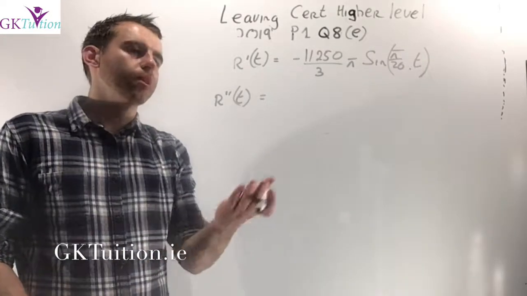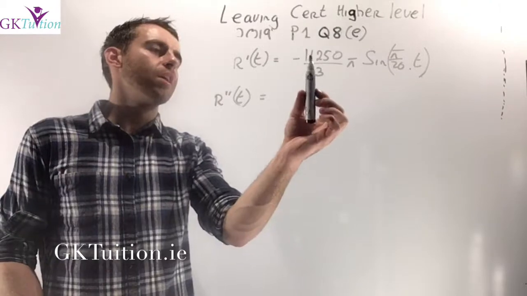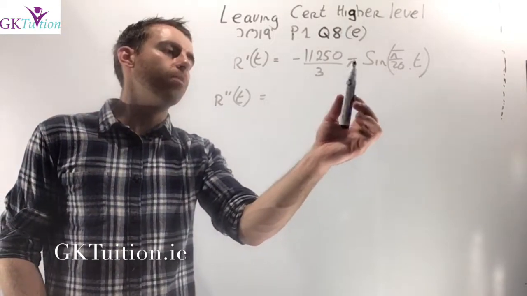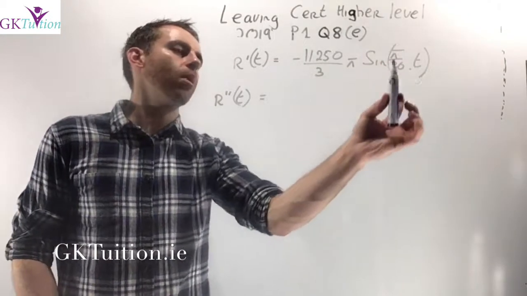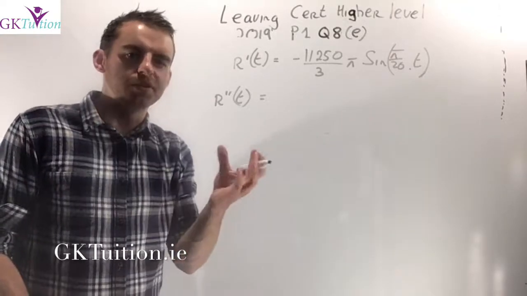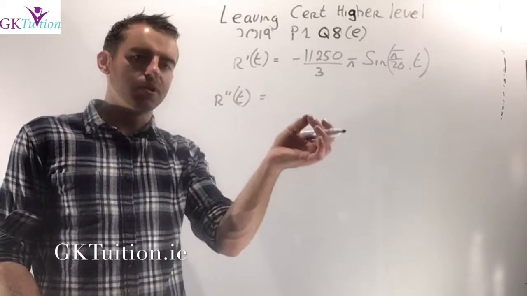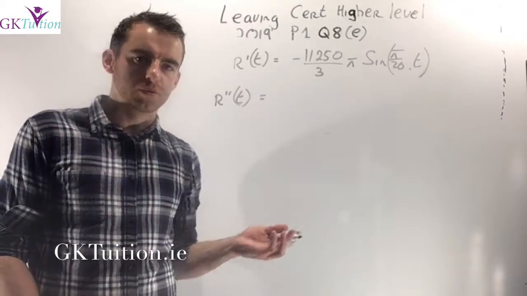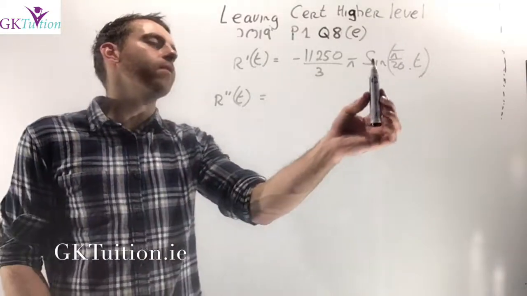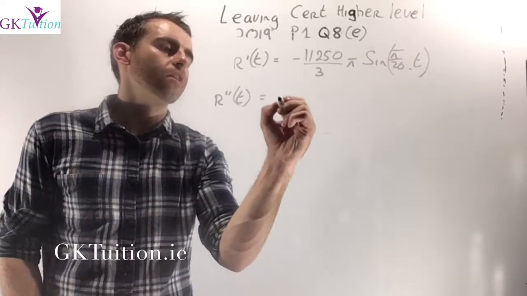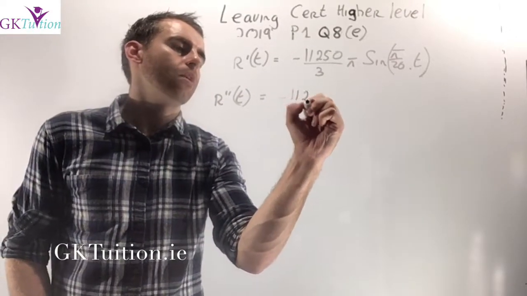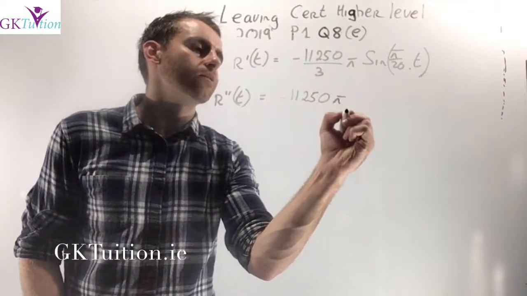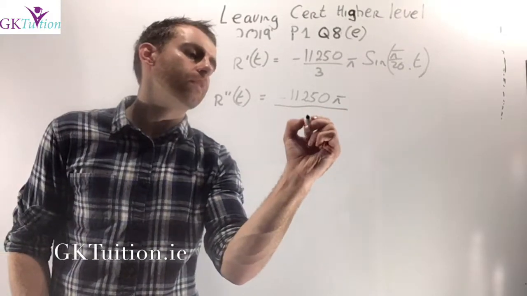We worked out previously the first derivative is minus 11,250 pi over 3 sine of pi over 26 times t. Now this is going to be very similar to part C, so make sure you've watched my explanation for part C, because I'm going to go through it much faster. If I'm getting the derivative, the coefficient in front of sine, we can just rewrite that value, minus 11,250 pi over 3.